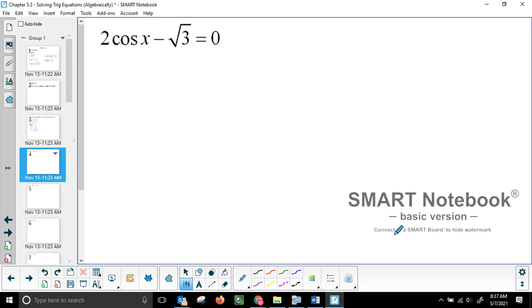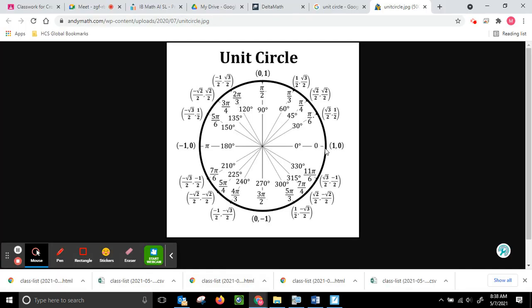All right, so this should go relatively quickly. First we add square root of 3 to both sides, and then we divide by 2. So cosine of x is equal to the square root of 3 over 2. Then we go to our unit circle. We say, where is cosine of x the square root of 3 over 2?